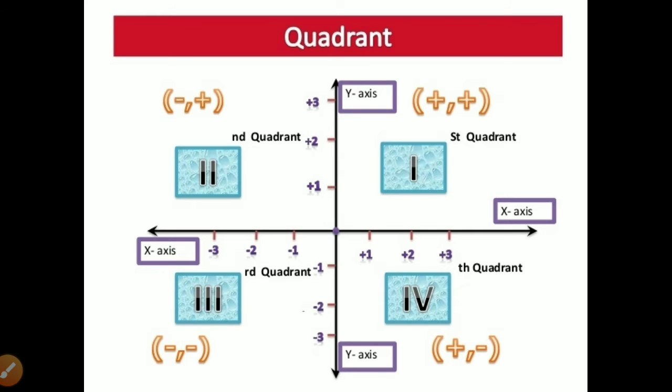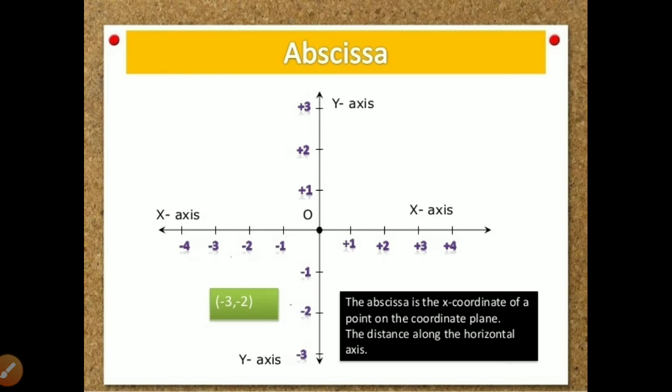Next is the abscissa. Which axis coordinate is called the abscissa? The x coordinate of a point is called the abscissa, which is the distance along the horizontal axis.